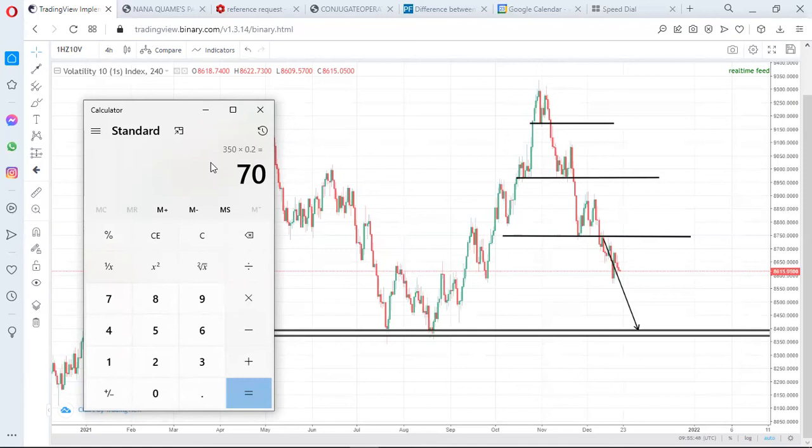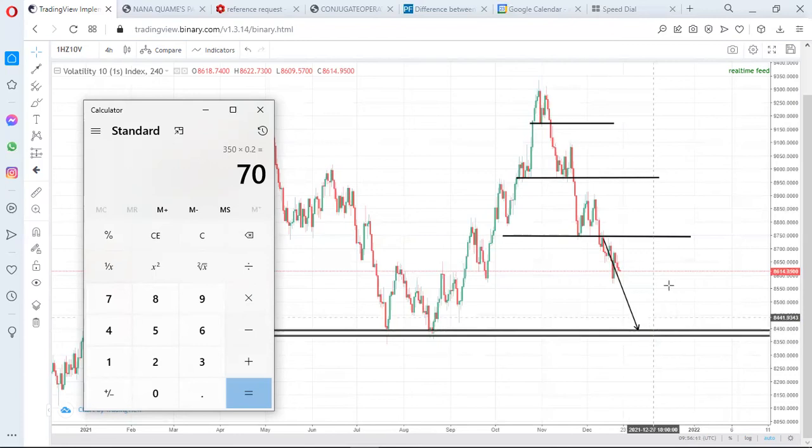So what does this mean? It means that if we enter the trade at this point, and the market is able to come to the support, the market will close automatically for us, and we'll be going home with $70 profit.